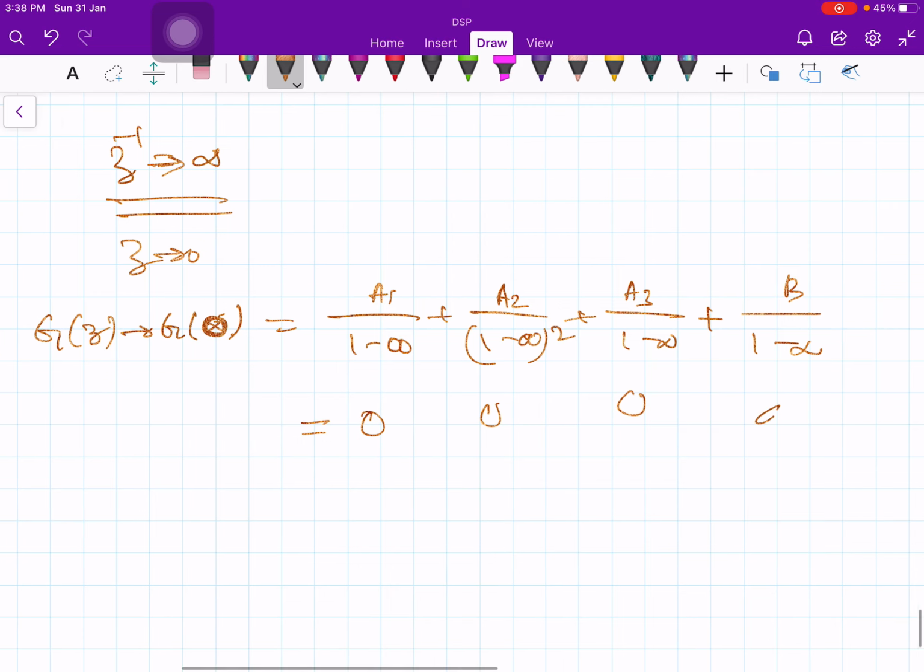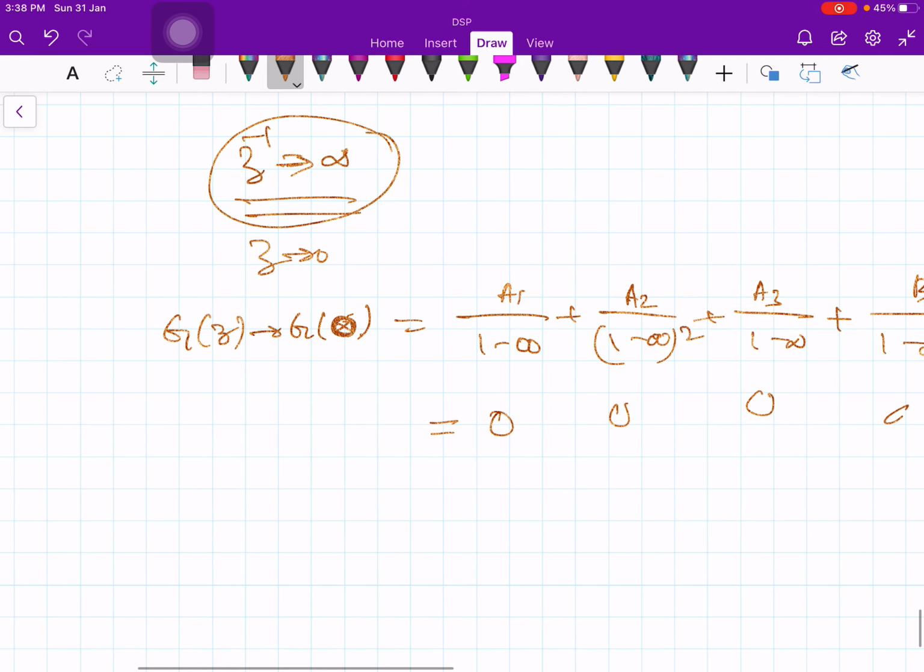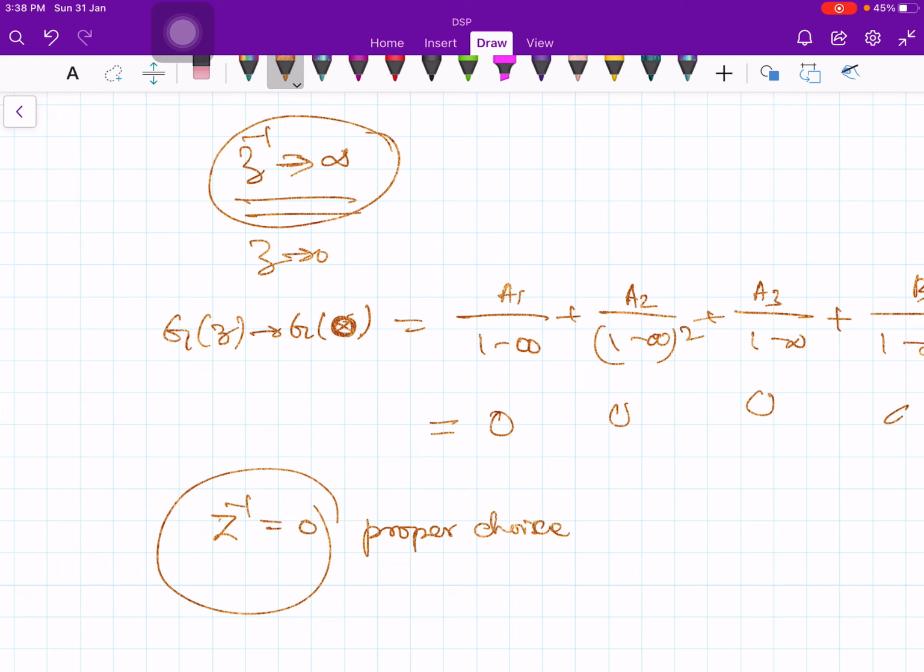So I cannot take z inverse to go to infinity because the numerator degree was less than the denominator degree. So z inverse equal to infinity is not a proper choice. But z inverse equal to 0 is a proper choice. You can substitute and find the values.